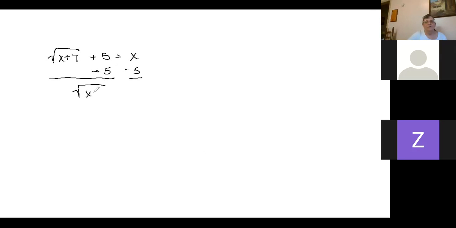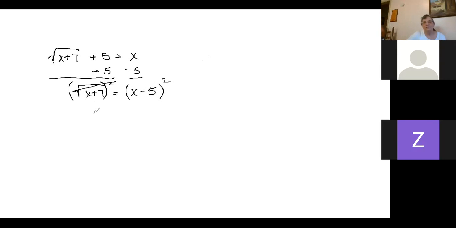So the square root of x plus 7 equals, so I can't add those together. When I square both sides, this is not going to just square that and square that for the same reason that I can't do individual squares.